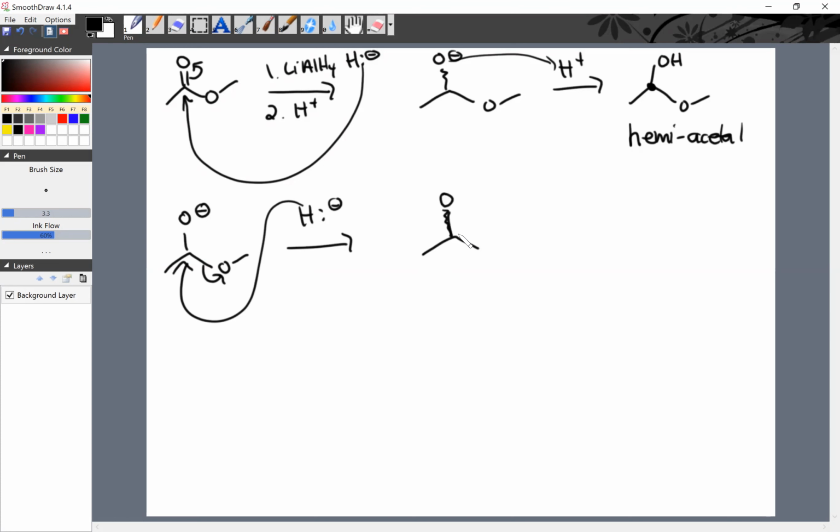Oops, that's supposed to be a squiggle. All right, and so this is the hydrogen from the hydride, and then we protonate, and we would create, where are we? Sorry, I lost my place. We're ending up with a carboxylic acid.